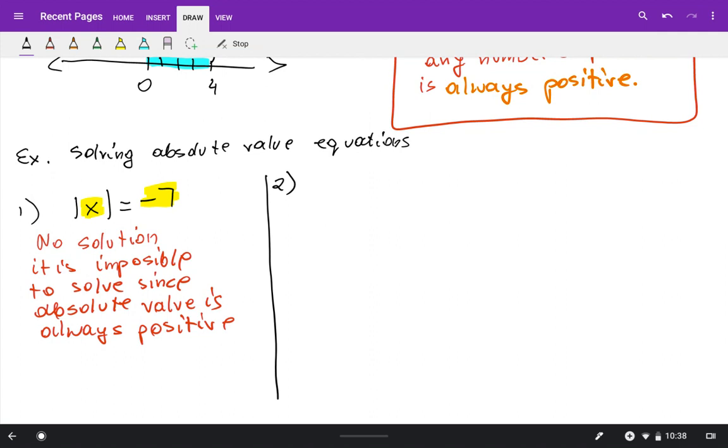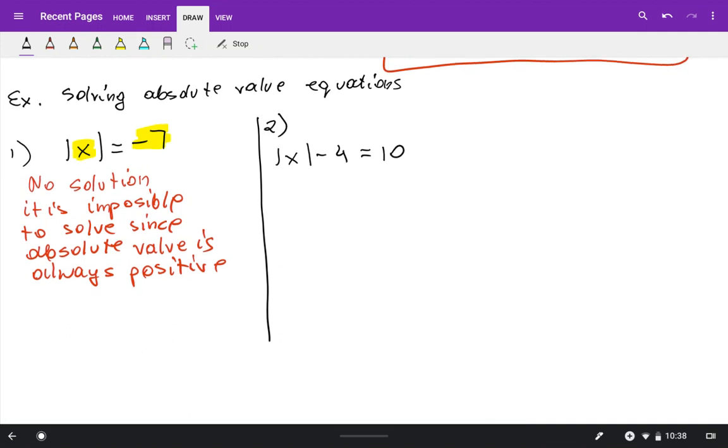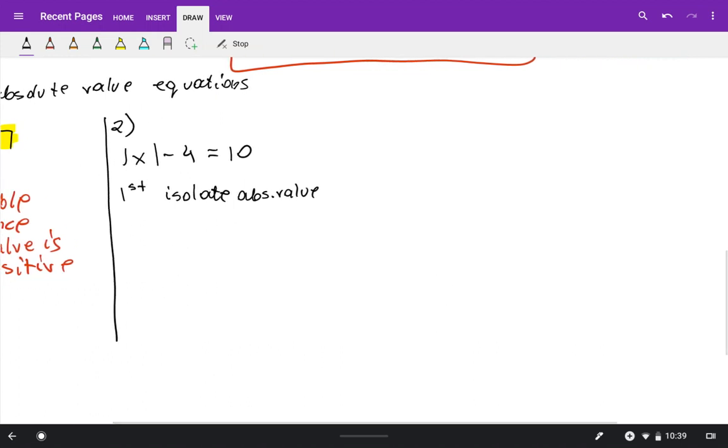Second type of equation, you may see something like this: absolute value of x minus 4 equal 10. So how do you solve this type of equation? Let me write the steps. First, you need to isolate the absolute value. What that means, before you start solving 2 equations, you need to move that -4 to the right side.